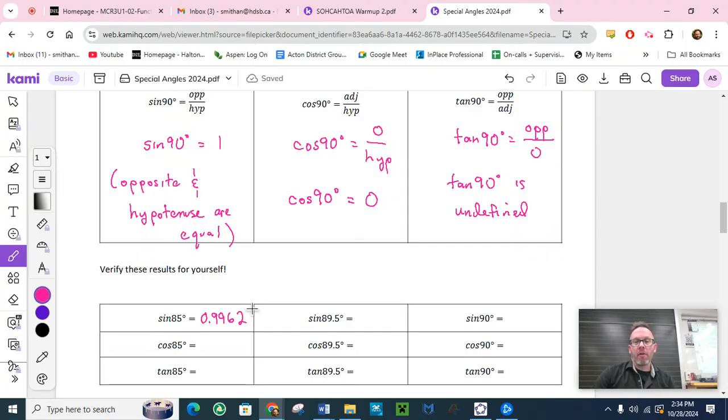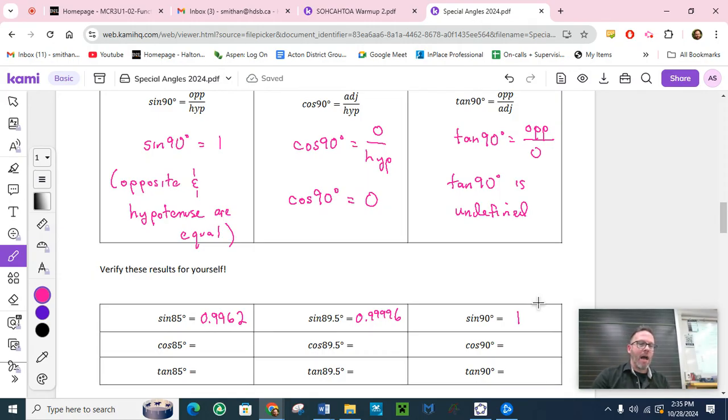It's very possible sine 89.5 is just 4 nines to that many decimal places. Let's check it out. Yeah, it's like 0.99996. It's so close to 1. So hopefully you're convinced. Yeah, sine of 90 is 1.